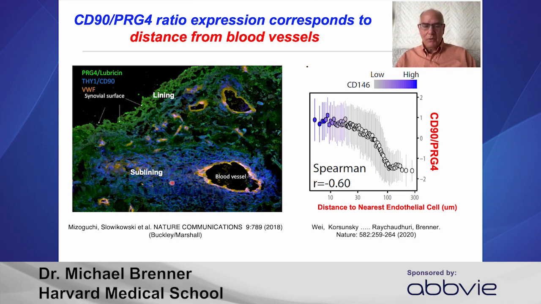When we looked at this more closely, what we realized is that the sublining fibroblasts are below the lining, they're sublining, but they're very much associated with blood vessels. We actually quantitated this: the ratio of this sublining marker, CD90, over the lining fibroblast marker, proteoglycan 4, correlates closely with the distance the cell is away from the blood vessel. So they're blood vessel related.